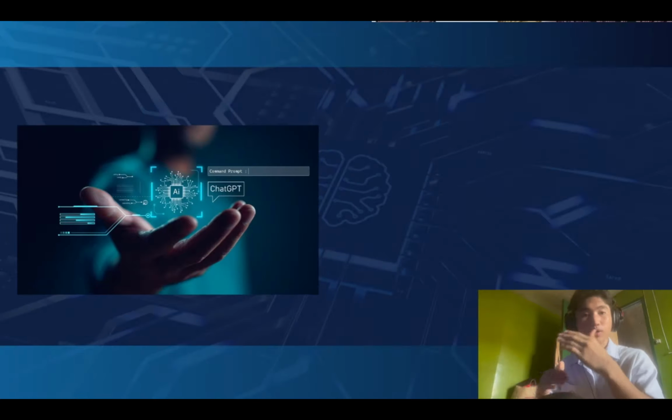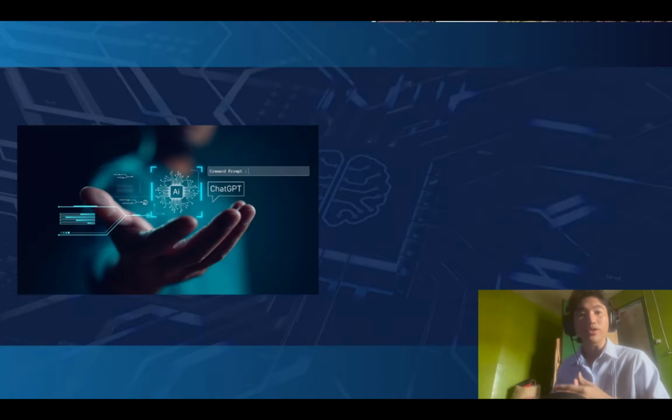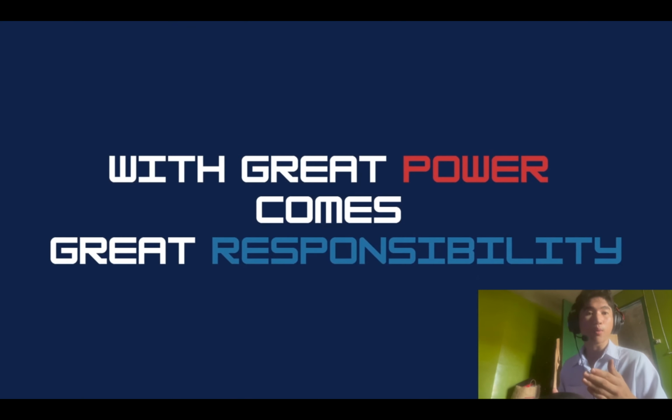And when it trips on a rock, it basically hallucinates or it makes up information that isn't actually real. So, which is why we need to pair it up with critical thinking. I think critical thinking basically helps us to evaluate what the AI is saying to see whether it is actually credible. It helps us use AI much more ethically, responsibly, and morally. So, which is why with great power comes great responsibility.